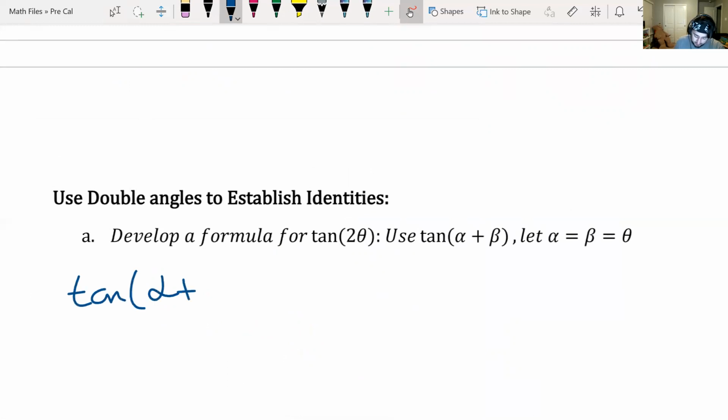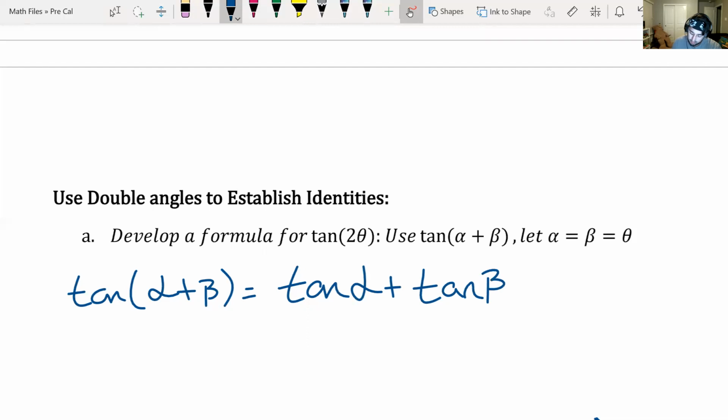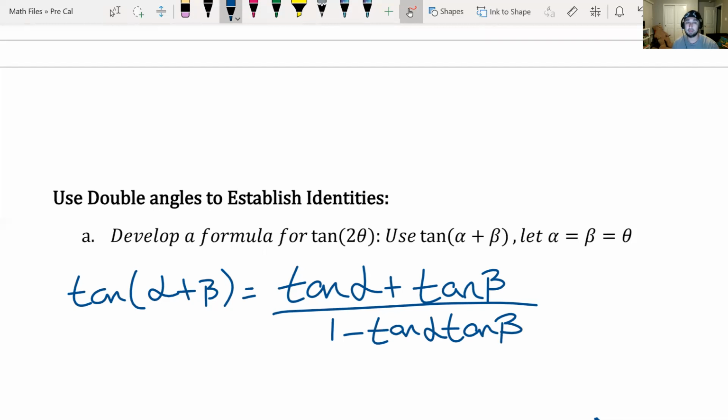Tangent alpha plus beta is the same as tangent alpha plus tangent beta over 1 minus tangent alpha tangent beta.